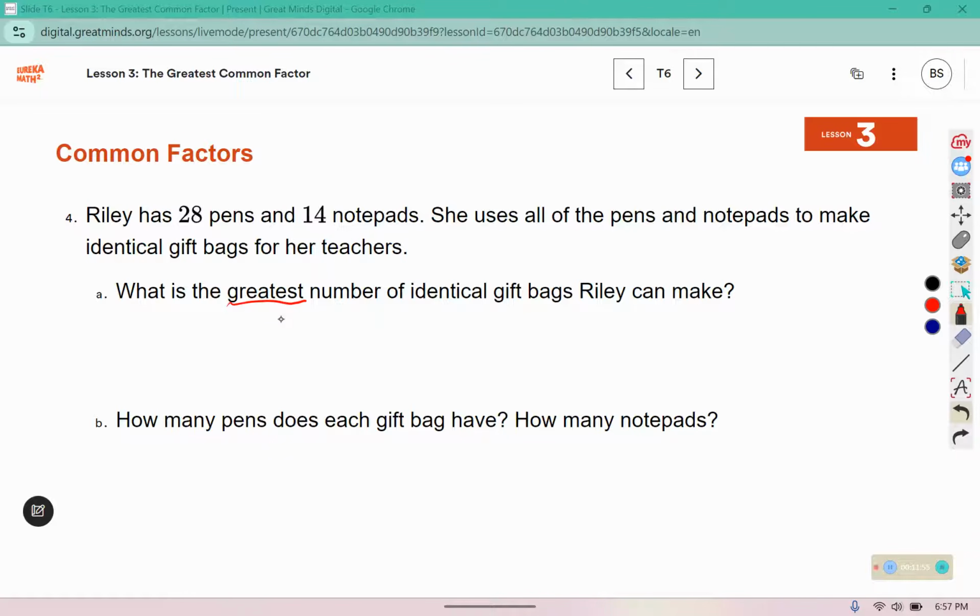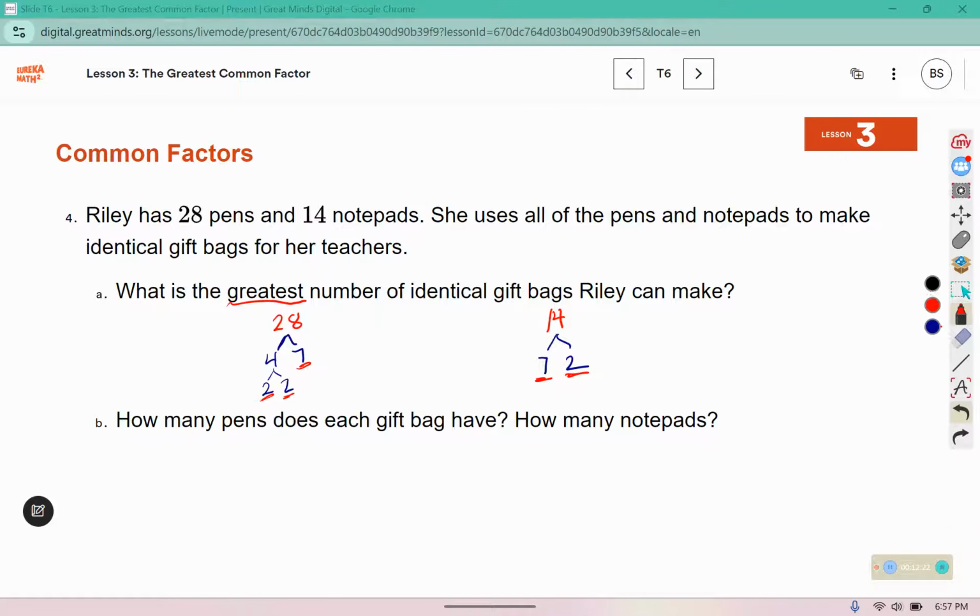I'm splitting 28 and 14 into a tree, a factor tree. I know this is 4 times 7. 7 is prime, but 4 can be split into 2 times 2. 14 is 7 times 2. So here we have our branch ends.